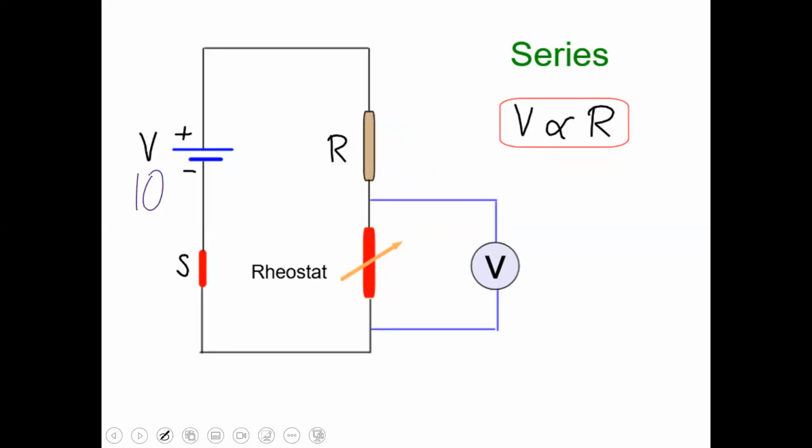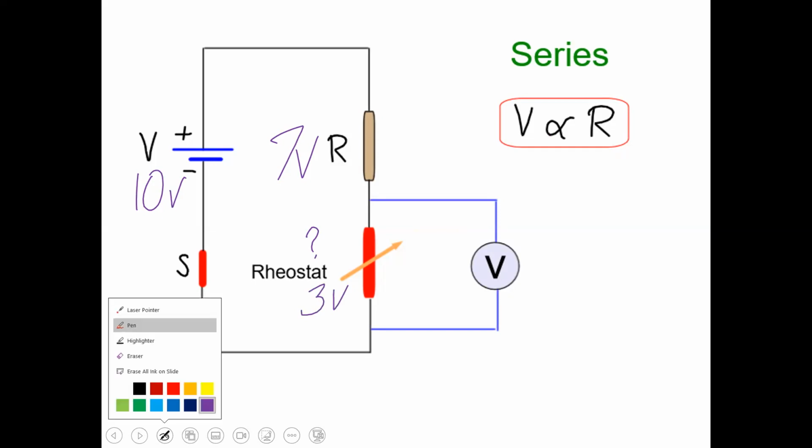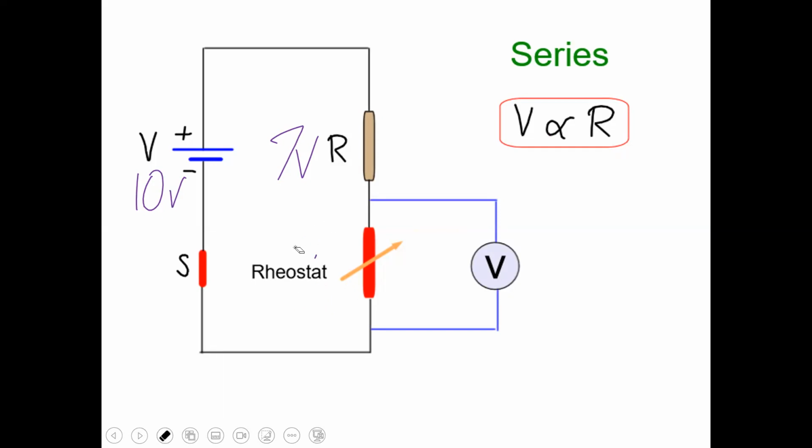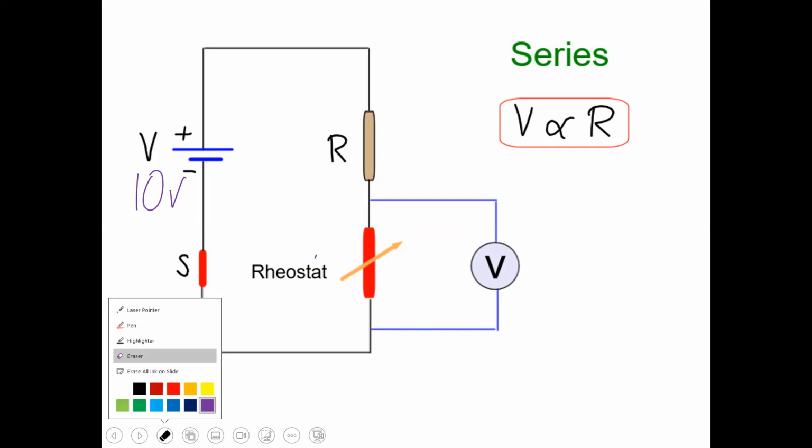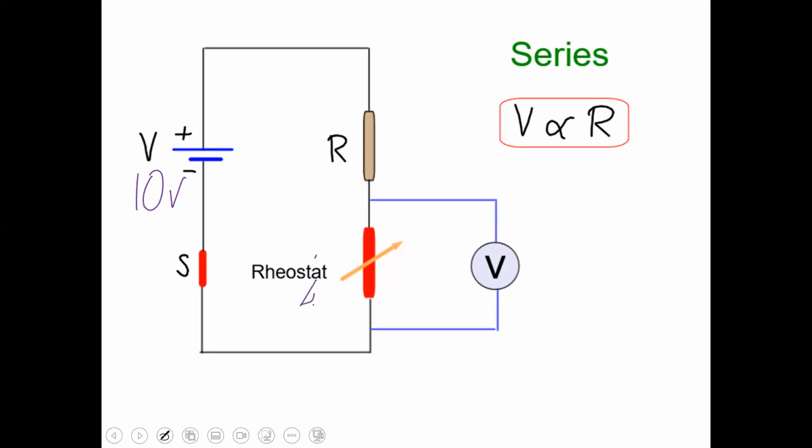Let's say, Hamad, it is 10 volt, same question, and it gets 7 volt. How much will the rheostat get? 10 volt and 3. Good. It got 3 volt. Okay, so keep your attention. Now, suppose rheostat resistance increases and now it is getting 4 volt.